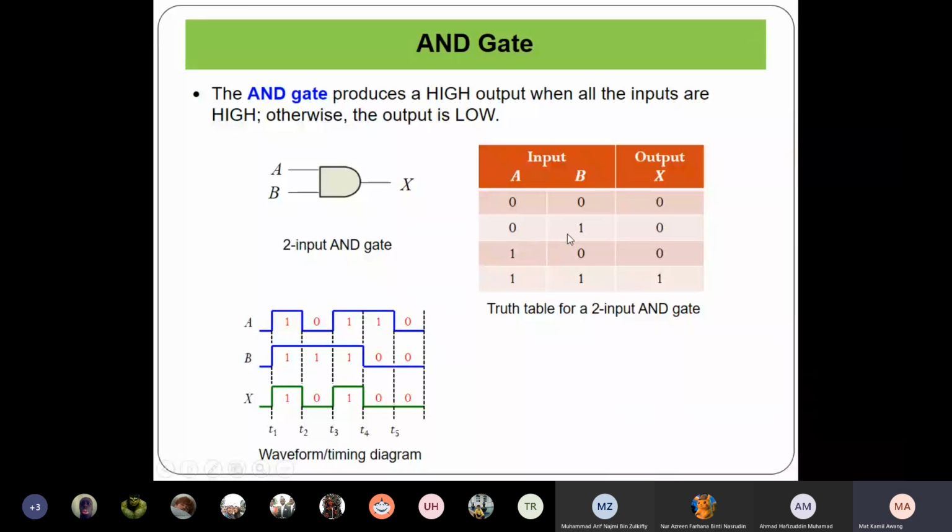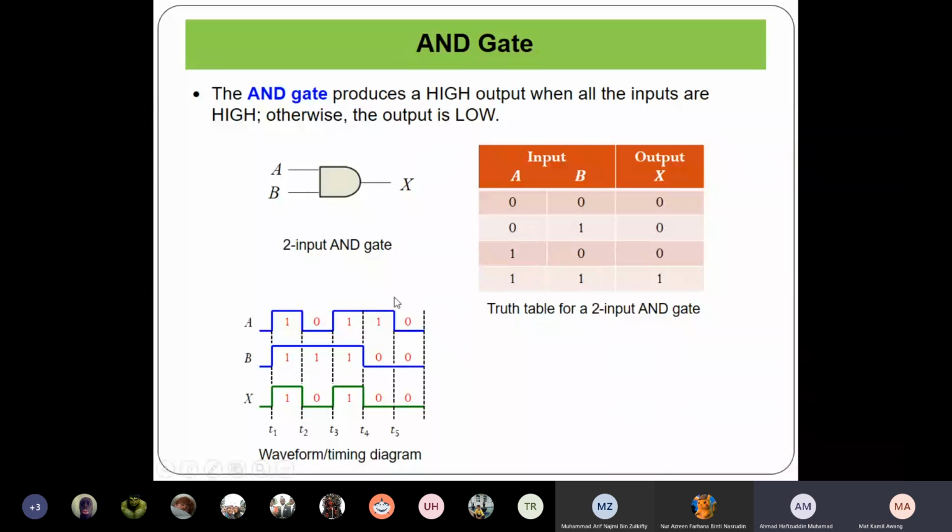If A is 0 and B is 1, the output is 0. Because the rule is that you need both to be high, both to be 1, in order to have an output of 1 or high. So A is 1, B is 0, it's also 0. A is 1, B is 1, then the output is 1. Okay?